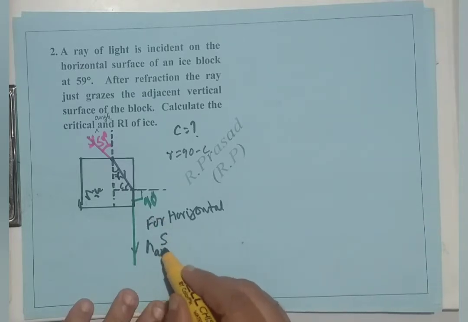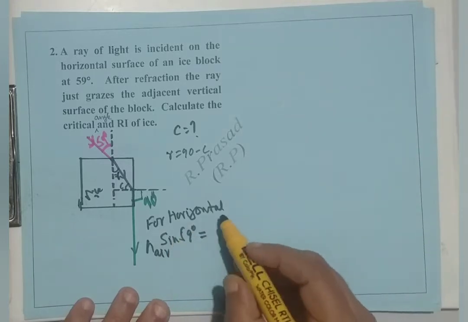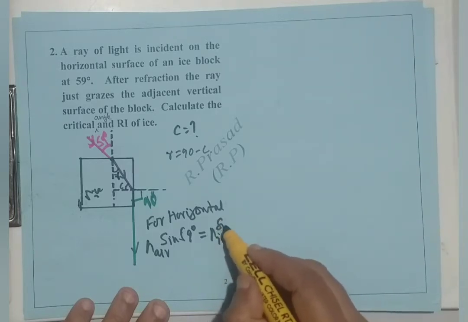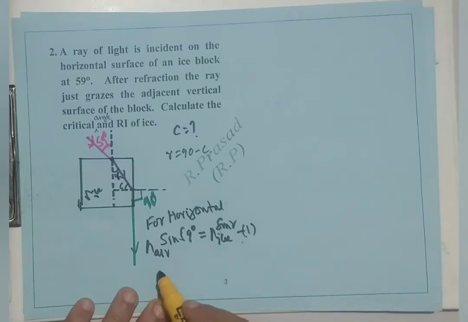So N air sin 59 degrees equals N ice sin R. We call this equation 1.